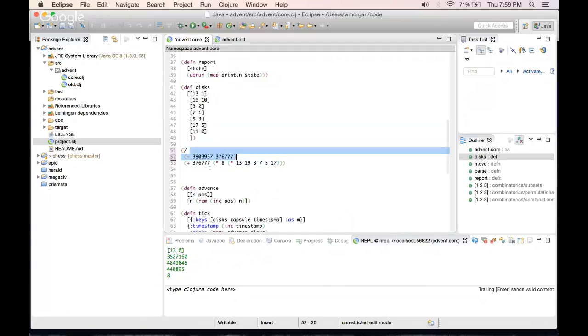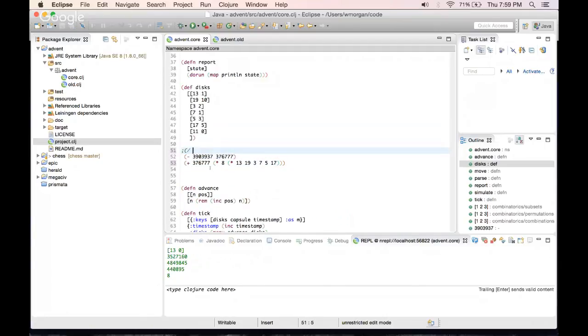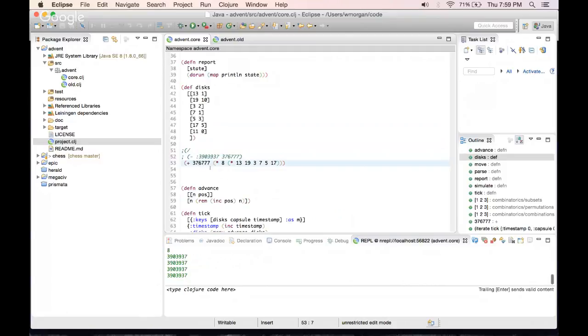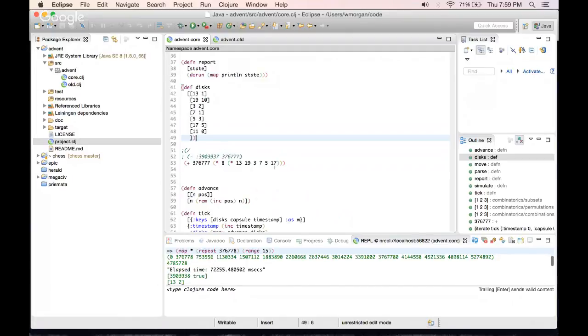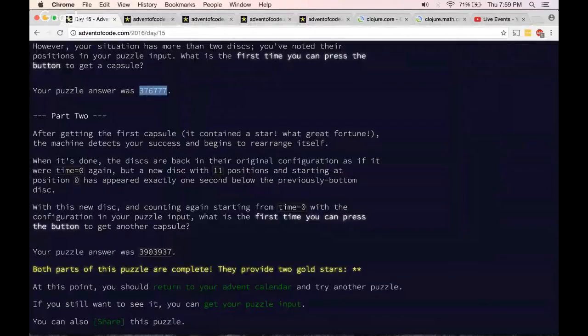And I think there's a way to get the original answer without actually simulating it. I believe it's some application of the Chinese remainder theorem. But anyway, this solution worked, and it probably would have taken me longer than 72 seconds to figure all this out at the time.